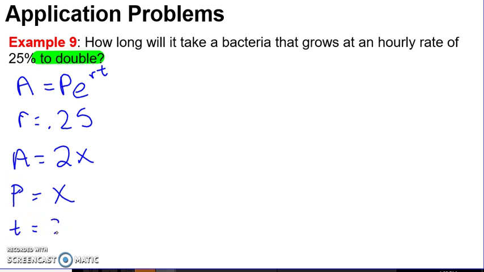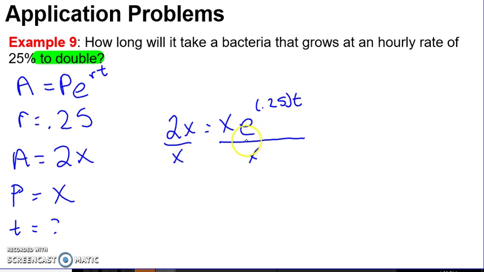A is now 2x equals my principal x times e to the 0.25 times t. I can divide both sides by x first to get e by itself. So I get 2 equals e to the 0.25 times t.